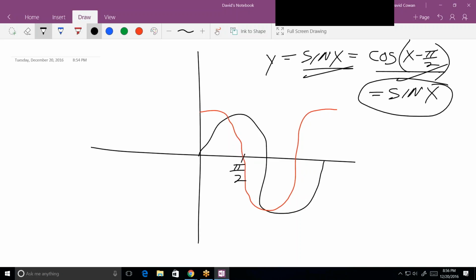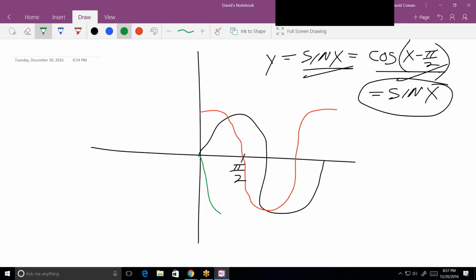Cosine of x minus pi over 2 has a phase shift in it. Now, if the phase shift is pi over 4, then either function works just as well. So the general rule is use sine or cosine or negative cosine, whichever one produces the smallest phase shift.